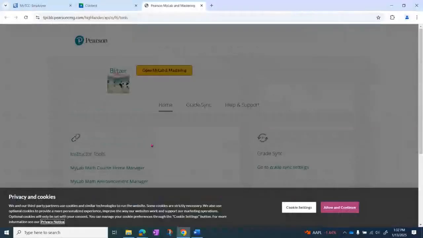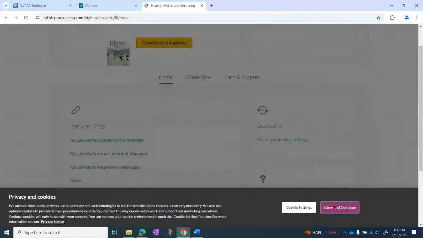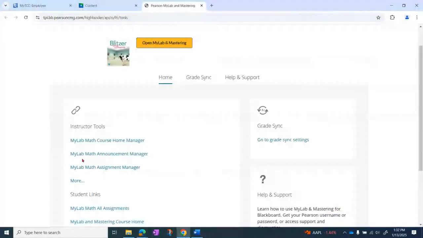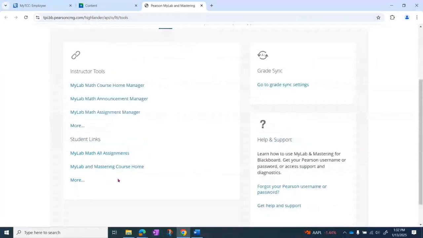If you see this page, and if you see My Lab Math All Assignments, click that. After that, you probably see your access code field where you can paste your access code.